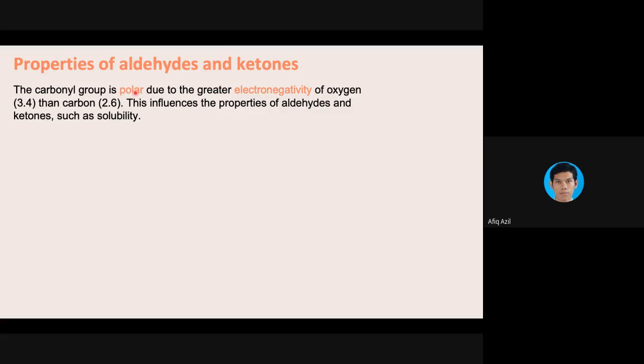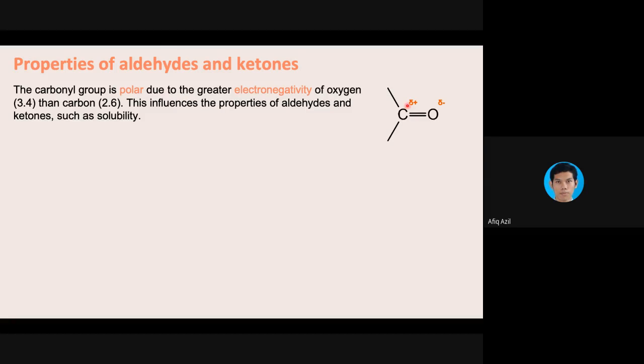So polar means that between the C double bond O, there is a difference in electronegativity value. So this will influence the properties of aldehyde and ketone, such as the solubility. All of this is due to the carbonyl group being polar.